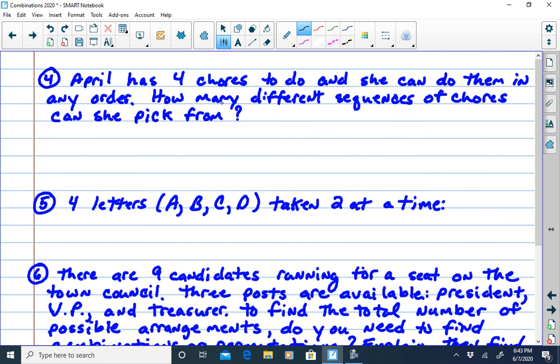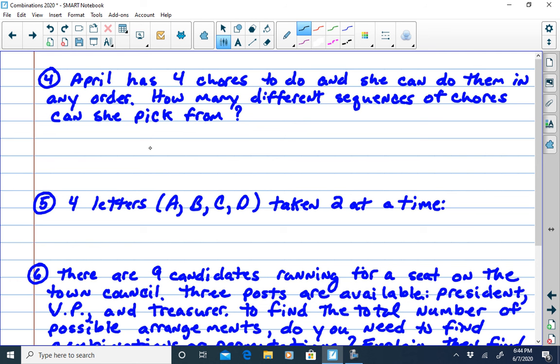April has 4 chores to do, and she can do them in any order. How many different sequences of chores can she pick from? All right? So once again, we're told that the order does not matter. She can do them in any order. But the question asks, well, how many different sequences of chores can she pick from? Well, 4 different chores, and she can do them in any order.